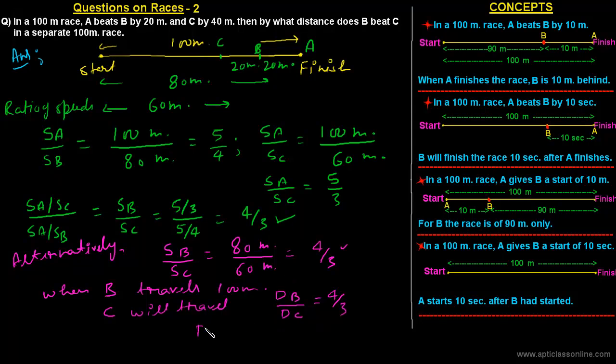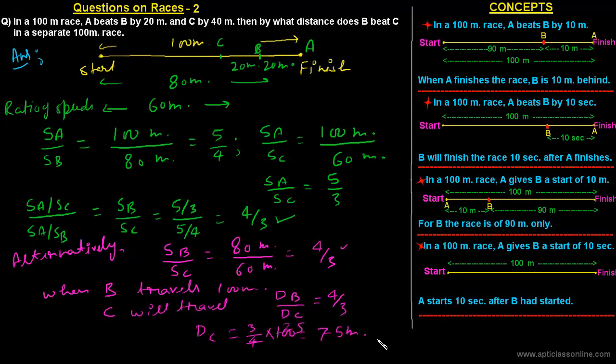C will travel 3 by 4 into 100, that is 25 times 3, that is 75 meter. So when B travels 100 meter, C has traveled only 75 meter. So C is how much behind B?